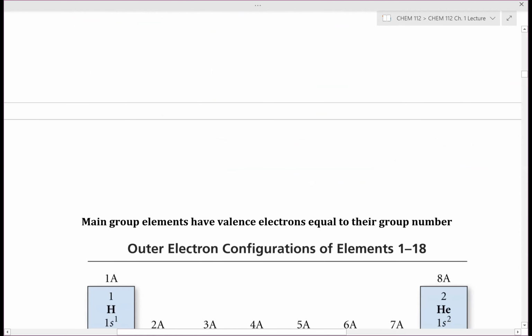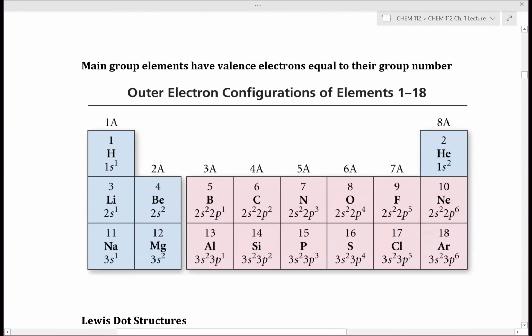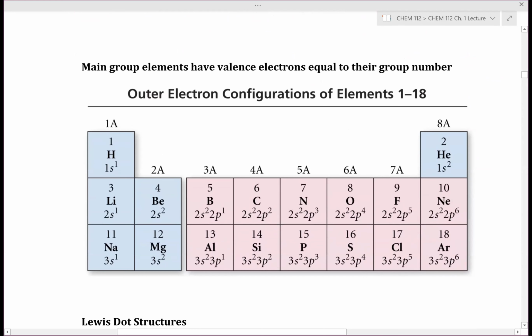Okay. So as we discussed, we can write out the configurations for each group in the periodic table. And since the valence electrons are equal to the group number, we notice a repeating pattern for each of the electron configurations, right? The only thing that changes as we move down the periodic table is n.